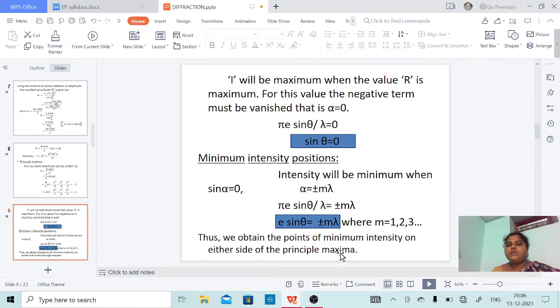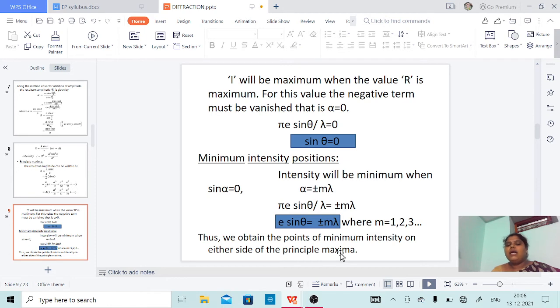We already know alpha equals pi e sine theta by lambda, and that equals 0. From here we can write sine theta equals 0. So this is the principal maximum. Now let us see what the minimum intensity positions are.